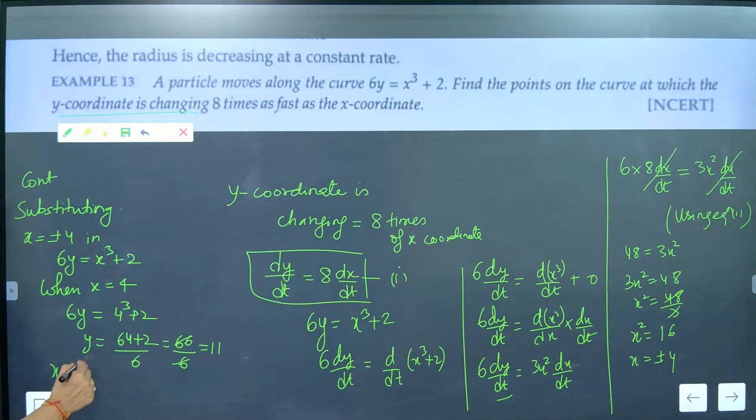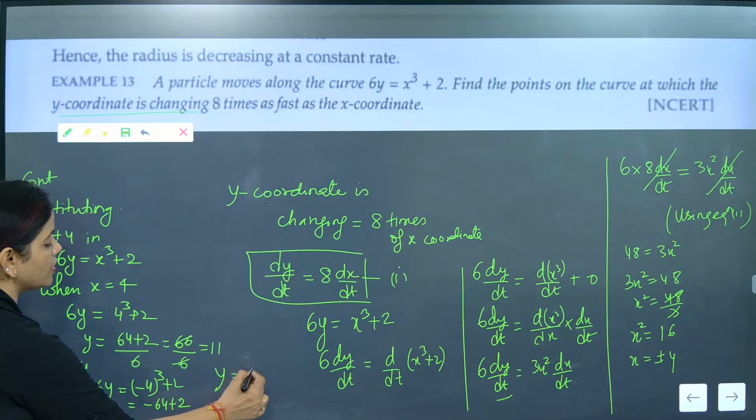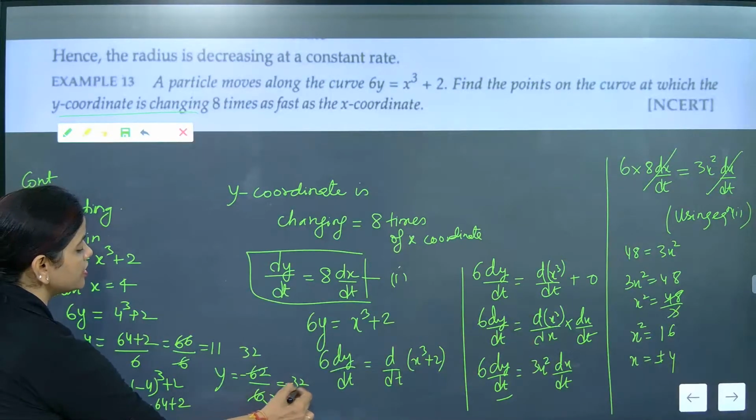When x is minus 4, 6y will be minus 4 whole cube plus 2. So how much is it coming, beta? Minus 64 plus 2, so it will become minus 62. That time y will be equal to minus 62 by 6. So 2 3s are 6, 32. So it will come as minus 32 by 3.